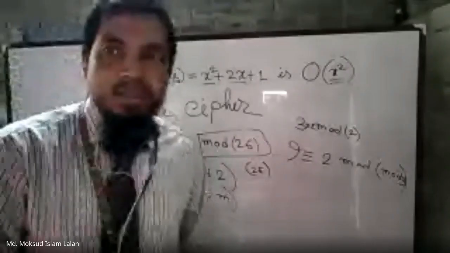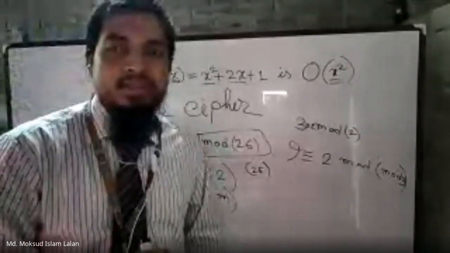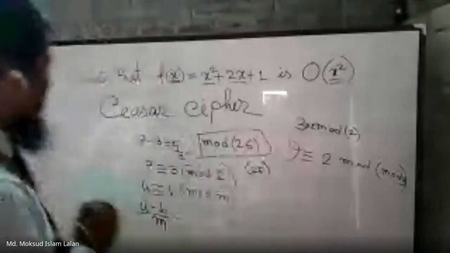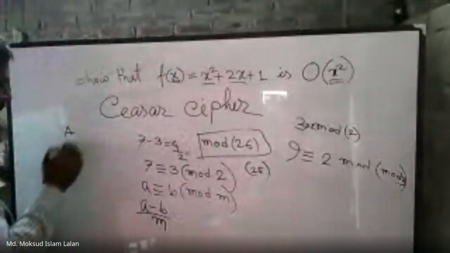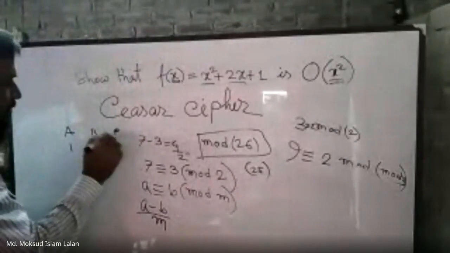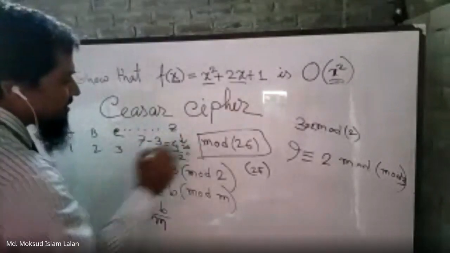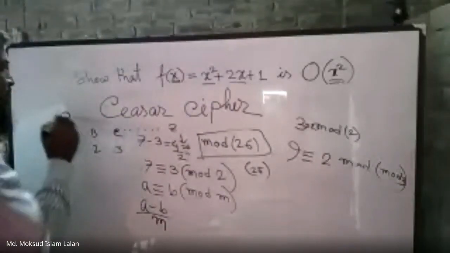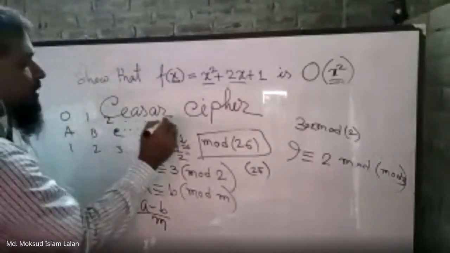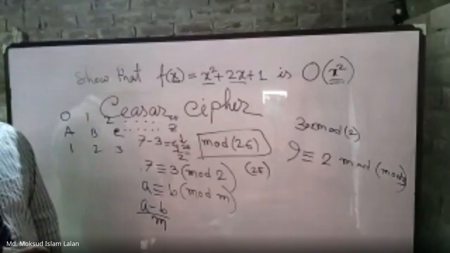If you represent a by 1, b by 2, c by 3, up to z represented by 26, do you understand? Or you can represent 0, 1, 2, 3 up to 25, right? Yes, sir.